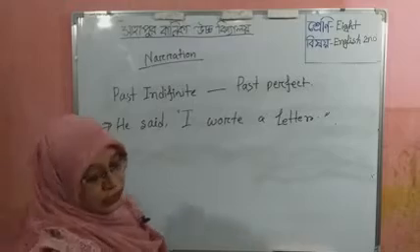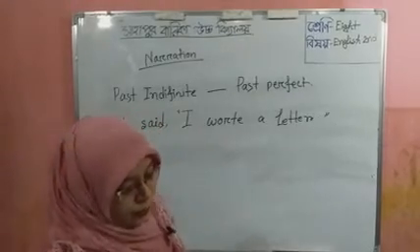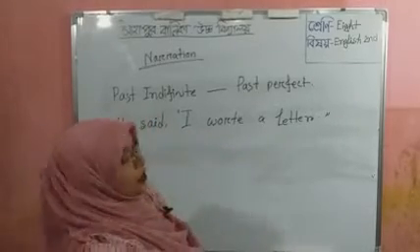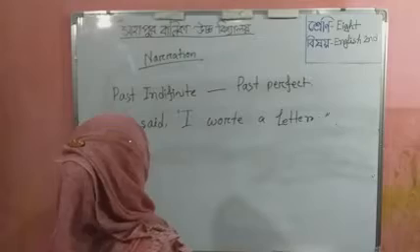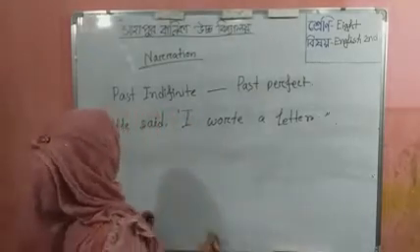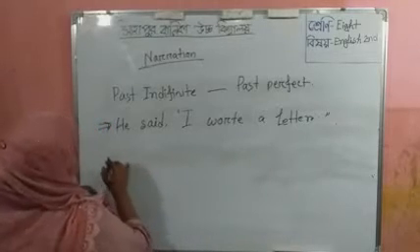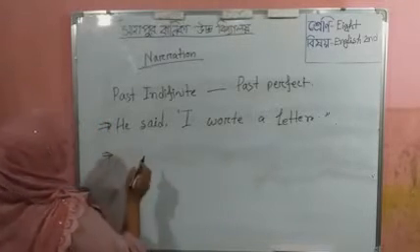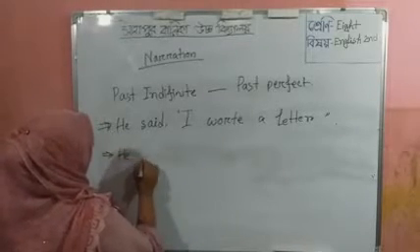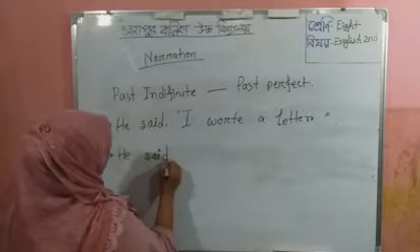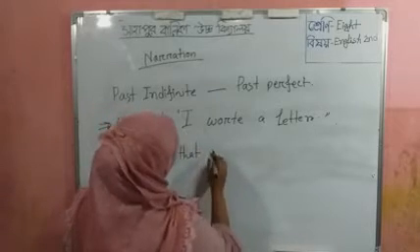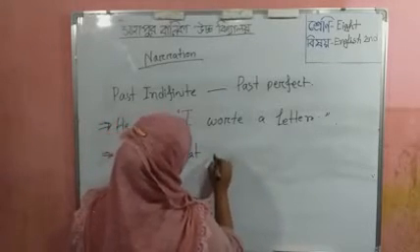I think you know that "I wrote a letter" is past indefinite. So when we are going to change this form, past indefinite to past perfect, then you write he said that I is going to be changed to he.